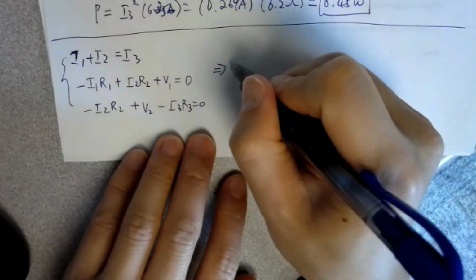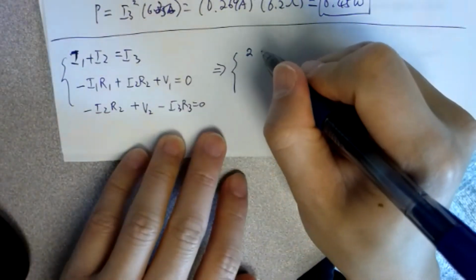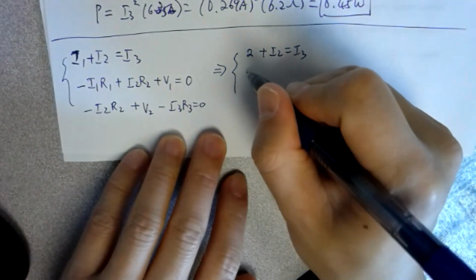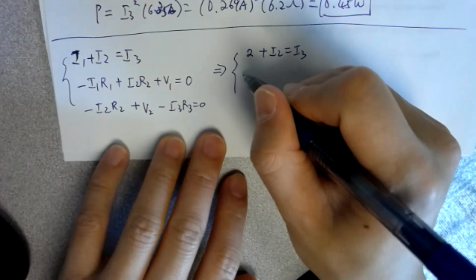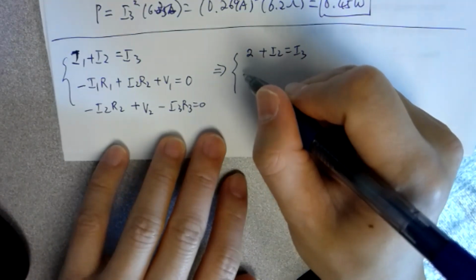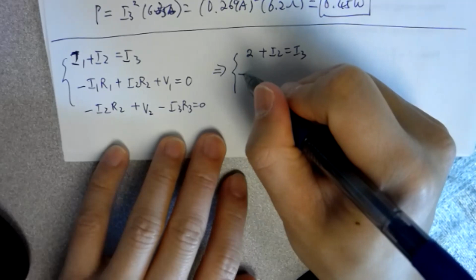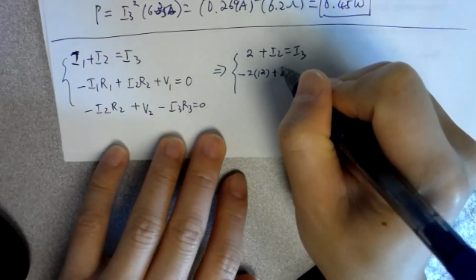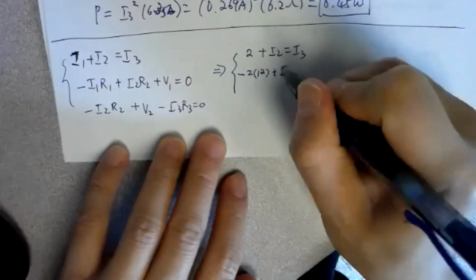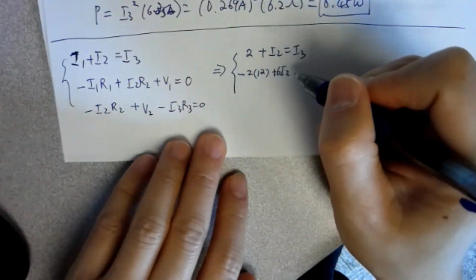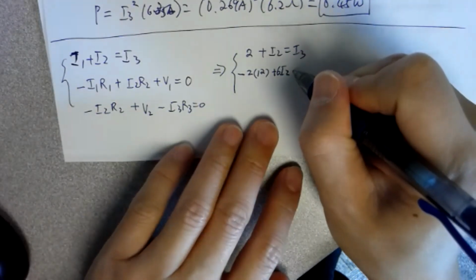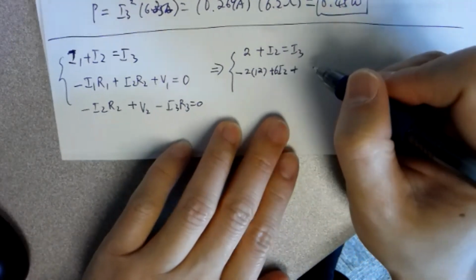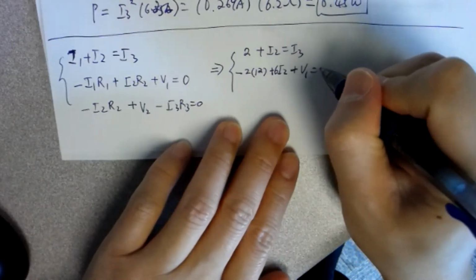Now we'll plug in the numbers. I1 is 2, so 2 plus I2 equals I3. The next one will be minus I1 times R1, minus 2 times 12, plus I2 times 6, so 6 I2, and then plus V1 equal to 0.